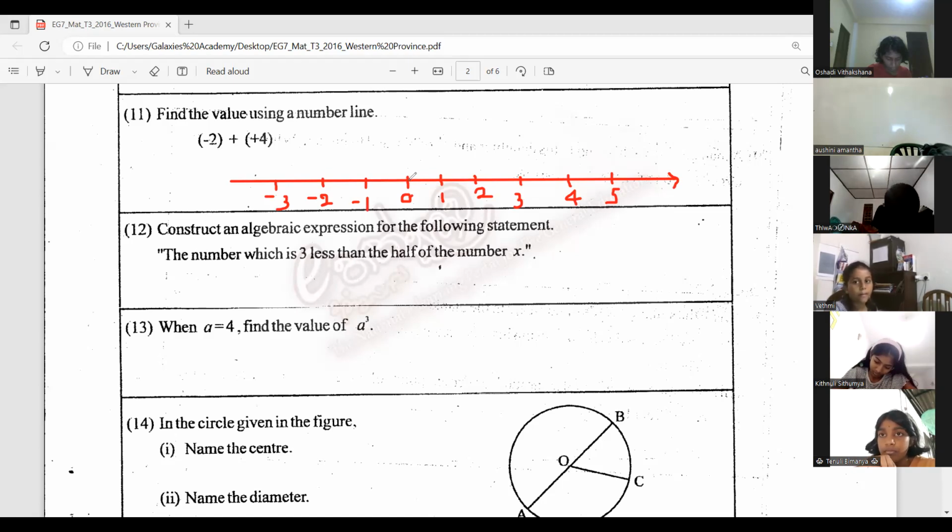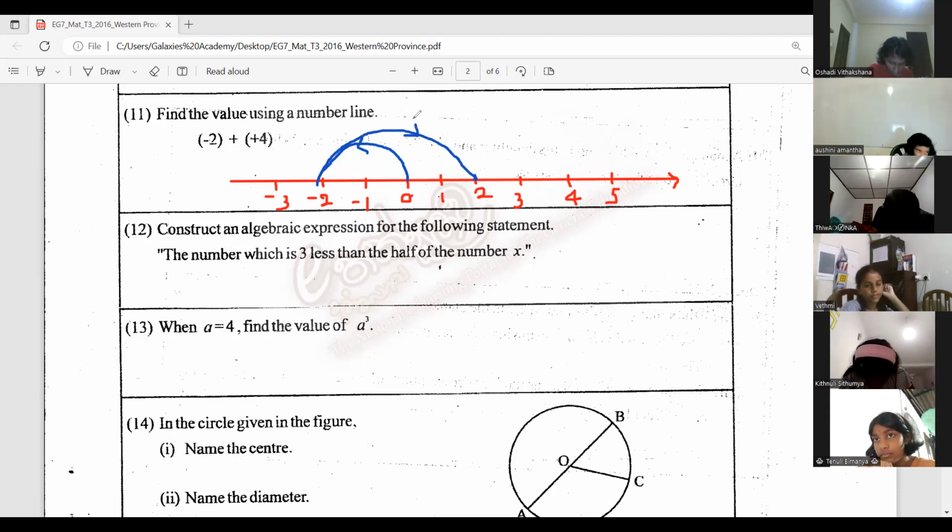First you have to move from 0 in the negative direction 2 places. Now we are on -2. From this position you have to go in the positive direction for 4 places. 1 2 3 4. So to this position you have to reach, no? Also you have to represent the arrowheads, right?